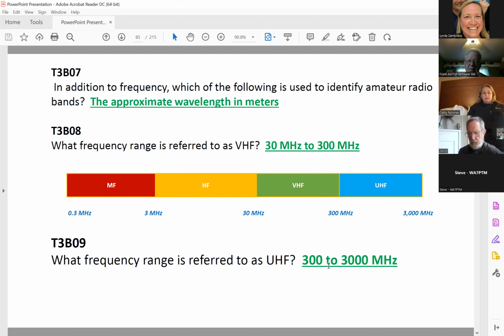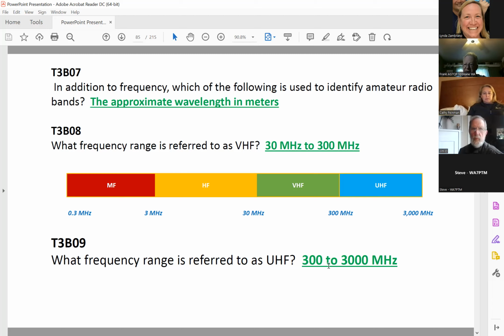The frequency range, you've got to realize it's done in terms of decades. For example, high frequency is 3 megahertz to 30 megahertz. Very high frequency, 30 megahertz to 300 megahertz. Ultra high frequency is 300 to 3000. And then you get super high frequency.